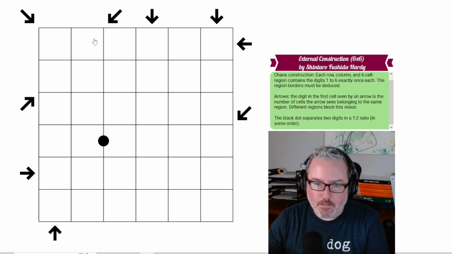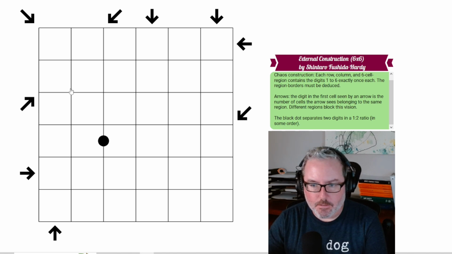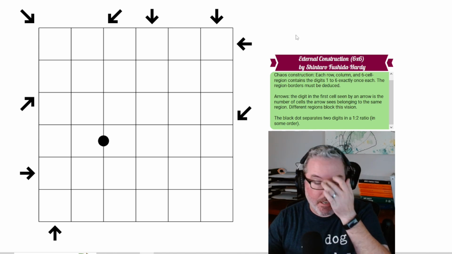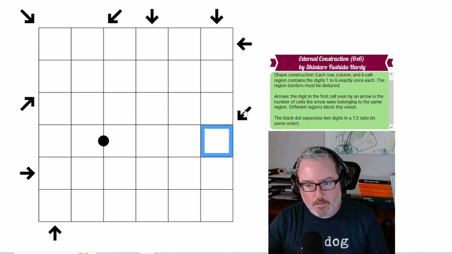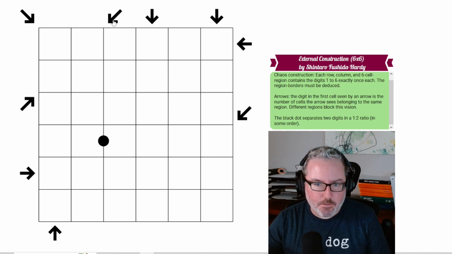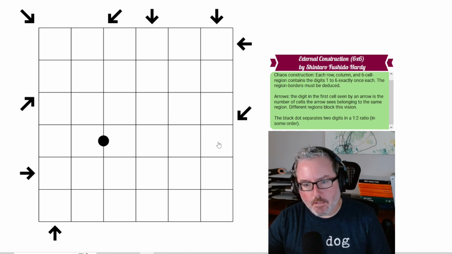So it might take me a little bit longer to determine where there might be some quirks in how things interact. But let's start taking a look at what we can figure out. I started with this guy. Let's just start here because it seems like a halfway decent place to start. These guys too might also be of pretty good use, and the reason I say that is because there's only so many digits that these can see.